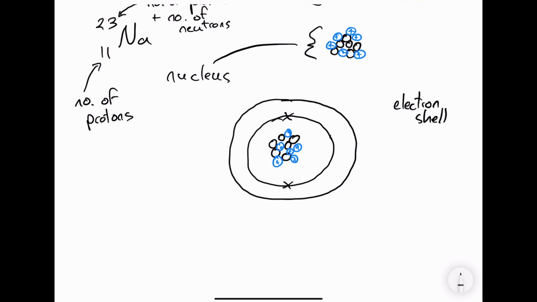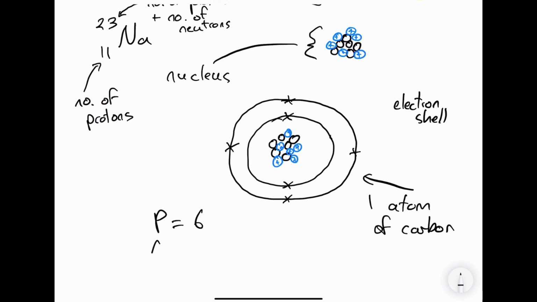Carbon has 1, 2, 3, 4, 5, and 6. So this represents 1 atom of carbon, and inside carbon there are 6 protons, 6 electrons, and 6 neutrons.